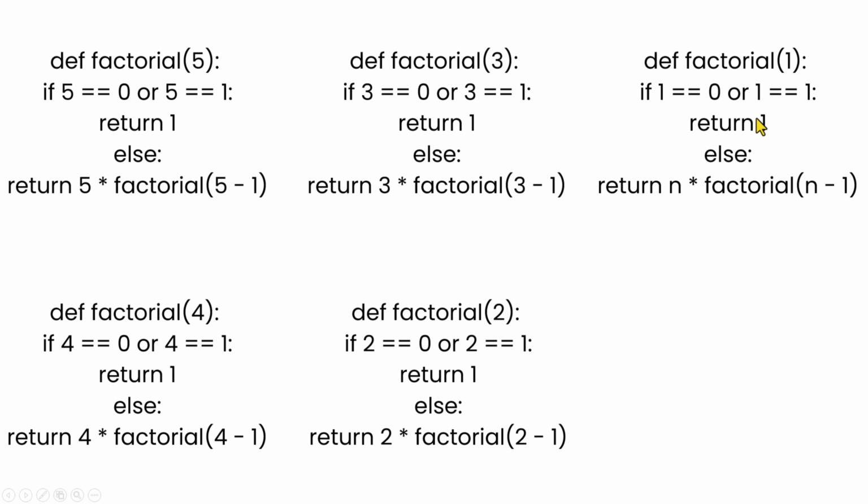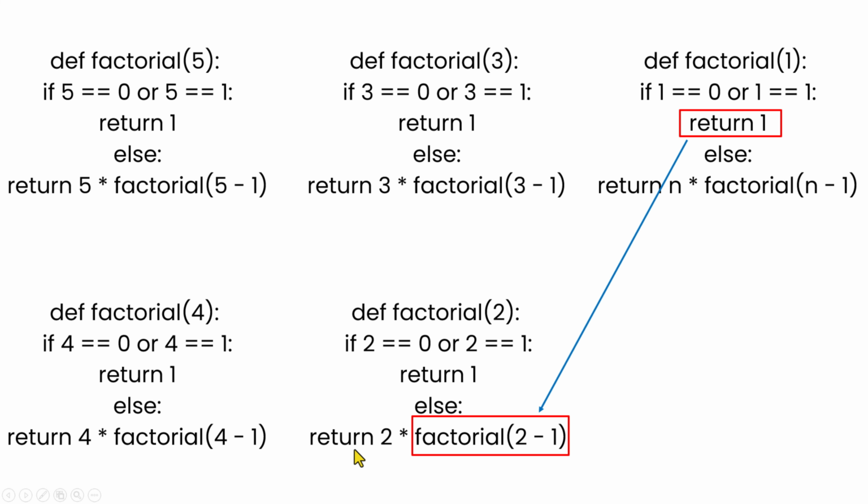So this value 1 will be returned to this. Why? Because this 1 is the result of this function call. So 1 will be returned here.